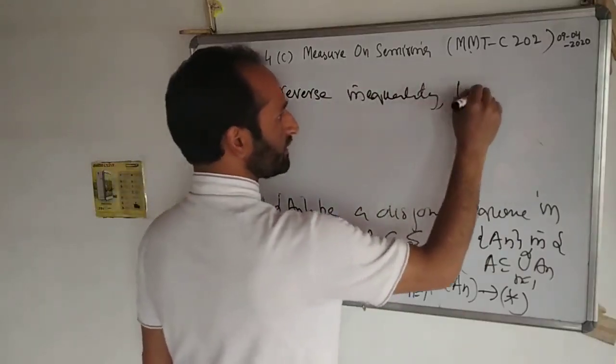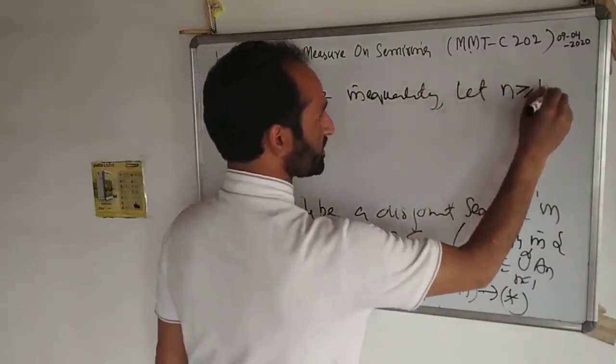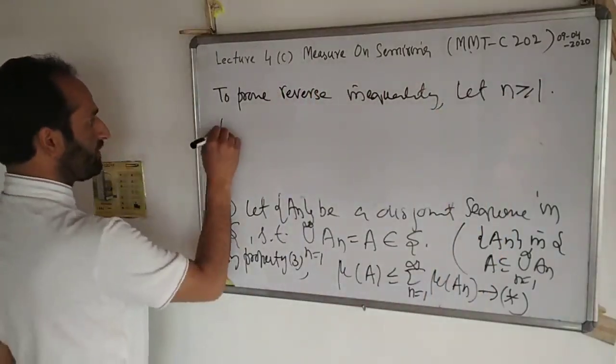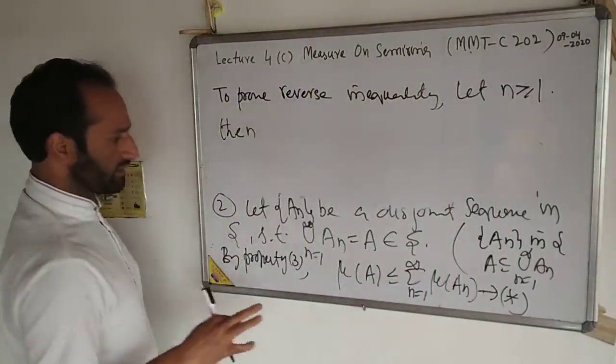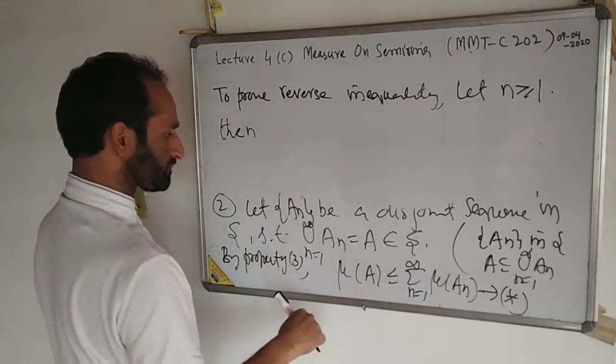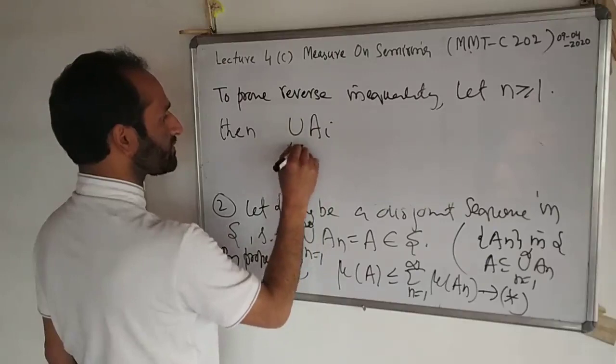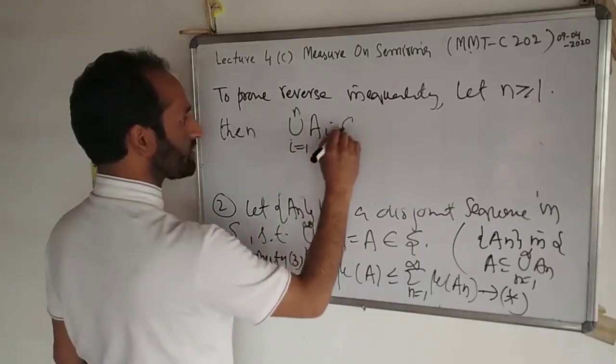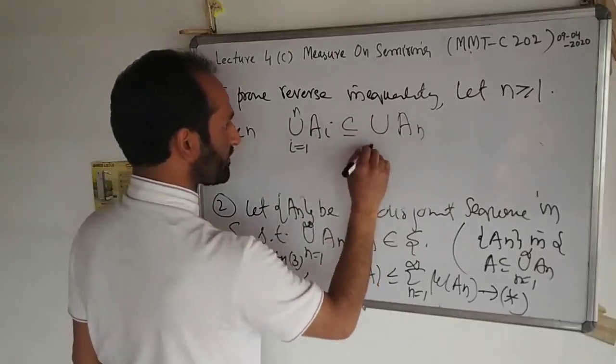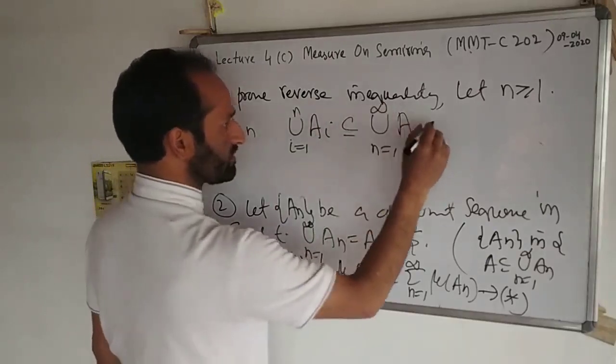So let n be any natural number greater or equal to 1. Then the union i runs from 1 to n is a subset of the union of An, n runs from 1 to infinity. That's trivial, and this is equal to A.